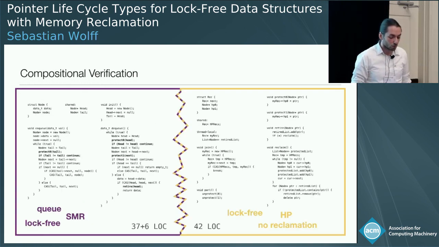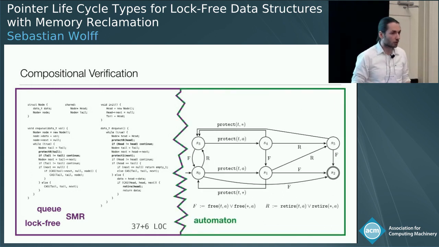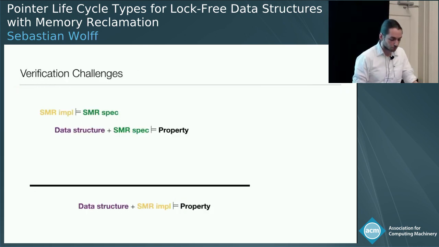To make this point visually, this is the code that we want to verify, and with such an SMR specification at hand, we can carefully throw away the right-hand side of the code and replace it with something like an automaton like this. And the nice thing here is that this automaton abstracts away from the implementation details of the SMR implementation.